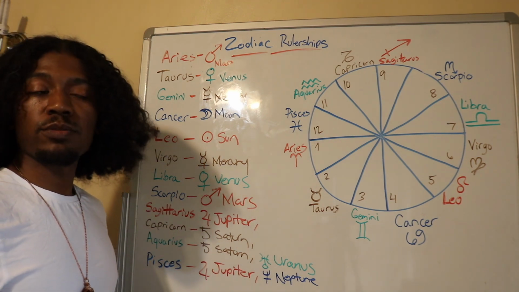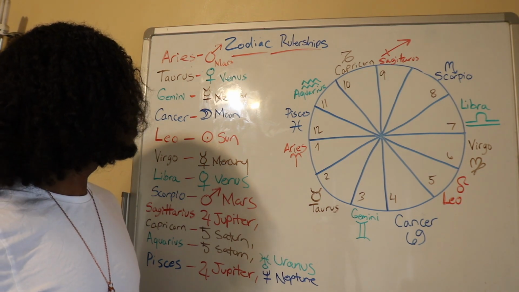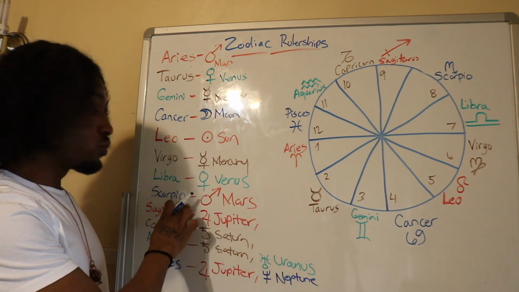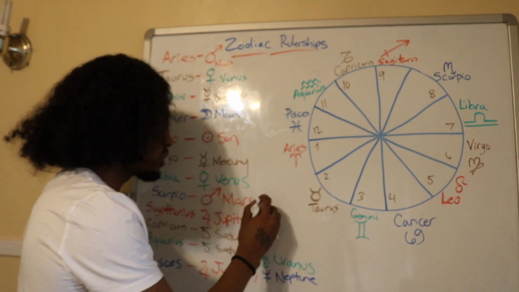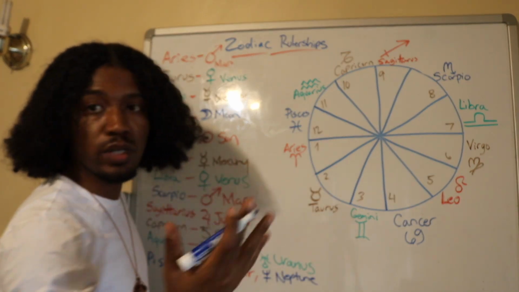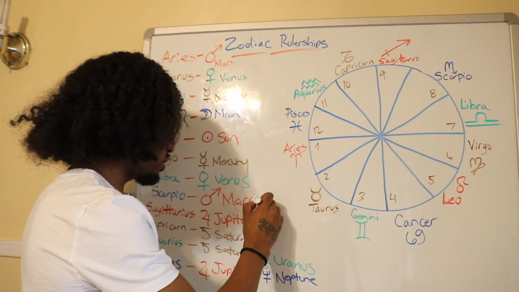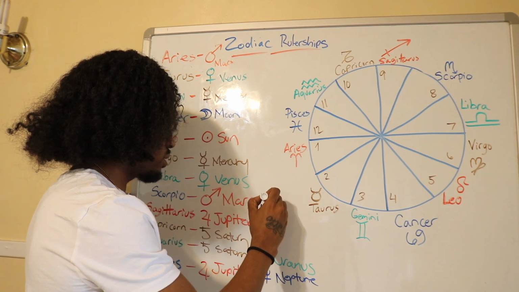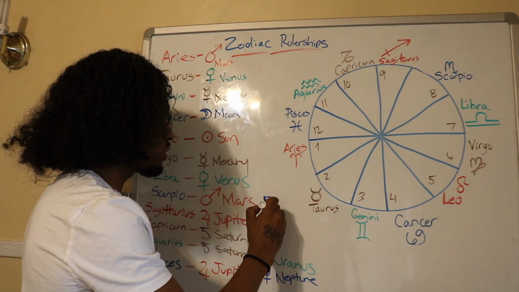And then, last but not least, we have Pluto, right? Pluto was added to rule over Scorpio as the more modern ruler. It's the furthest planet from the sun. So I always tell you guys that it represents the element of darkness. There are two glyphs that I've seen for Pluto.